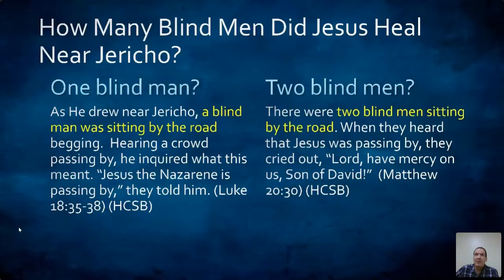So here we have two scriptures. Did he heal one blind man or two blind men? Is this a logical impossibility? Well, there's an Anglican Bible scholar, John Wenham, who wrote a number of great works.